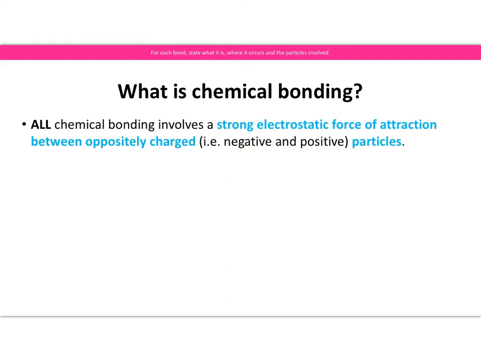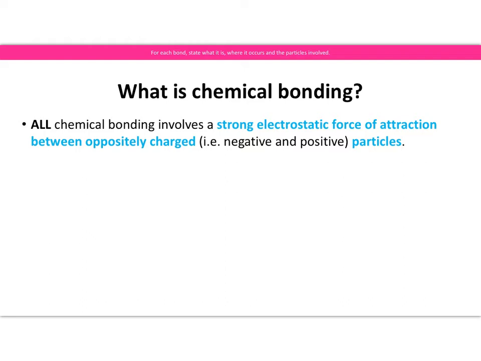The electrostatic is referring to positive and negative. And a feature of all three types of bonding is that the attraction that forms is strong. Strong is going to be a key word quite often when we're talking about these types of bonding and the properties that result from them.